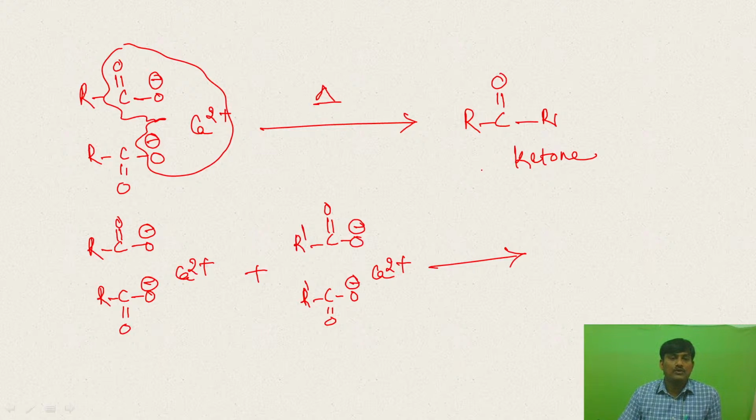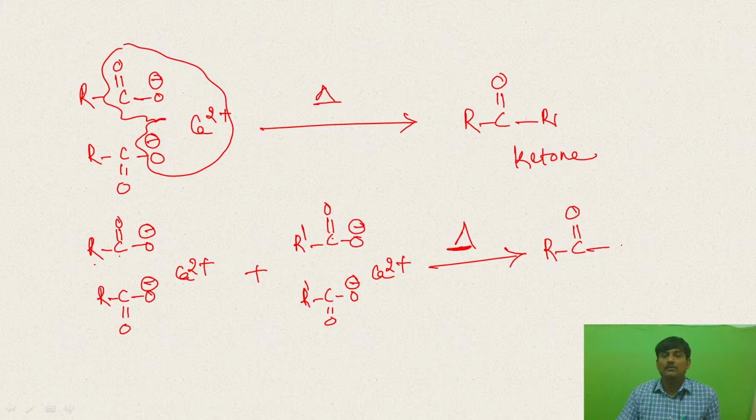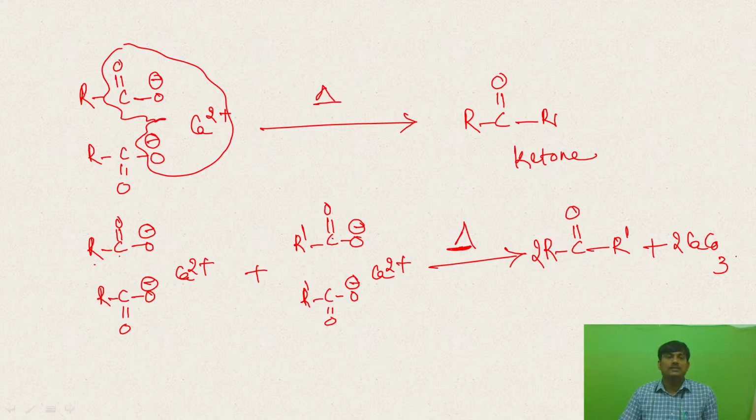Upon pyrolysis, there is a formation of 2 moles of RC double bond O R dash and 2 moles of calcium carbonate.